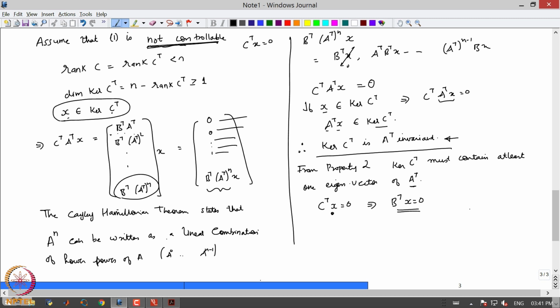Let me assume this x is its eigenvector. This eigenvector, which is also in the kernel of C transpose, now also satisfies B transpose x equal to 0.